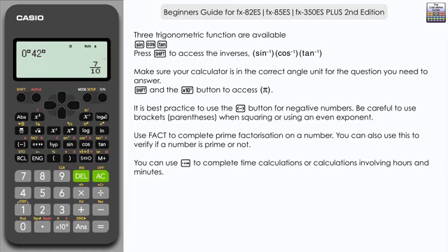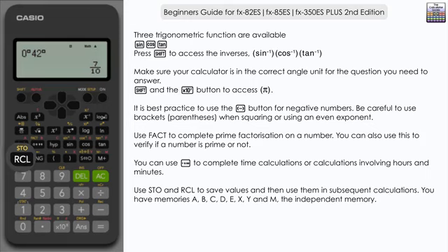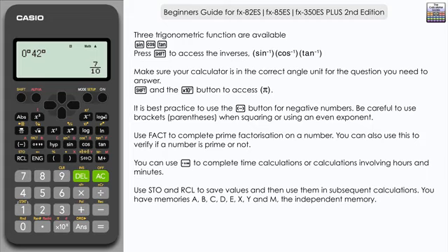Here on the left hand side we have the store and recall feature, which is very useful if we want to save values to then use in subsequent calculations. So let's say I have a value, let's say 456. If I then want to store that in the memory, I need to press shift and store.